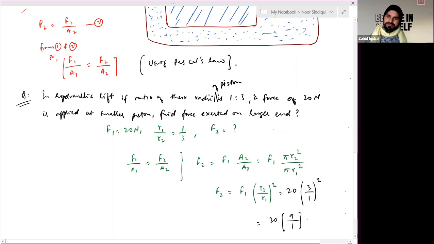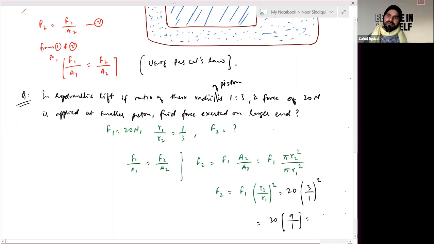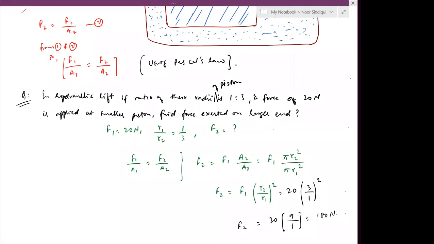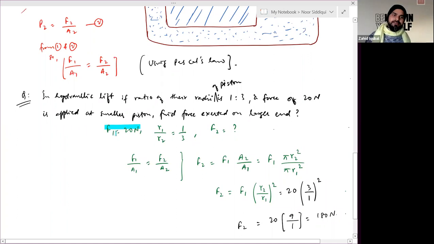Is it clear? Yes, sir. So 20 into 9, it will be 180 Newton. Is it clear? Yes, sir. Now just compare how much you have applied and how much we are getting.